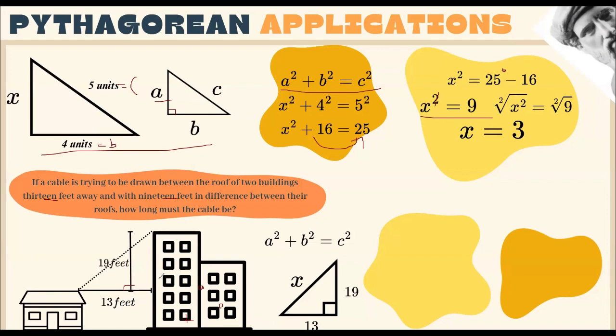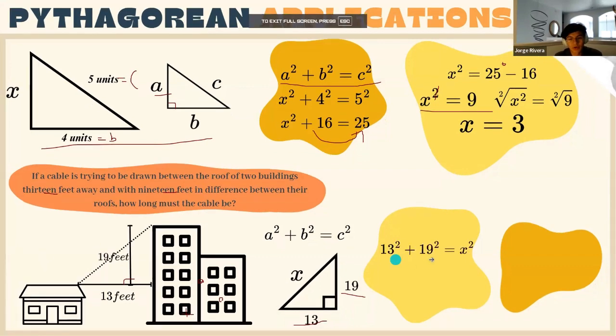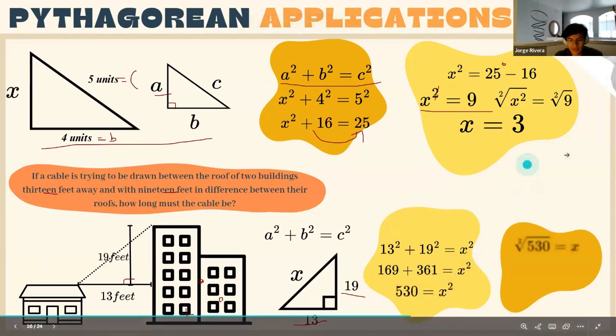Sorry. Well, if 13 feet is A, then what is 19 feet? B? It's B, yeah. So it's 13 and 19, and that means that the hypotenuse is C. So we can just go ahead and do 13 squared plus 19 squared is equal to x squared, and we can just do the entire equation.